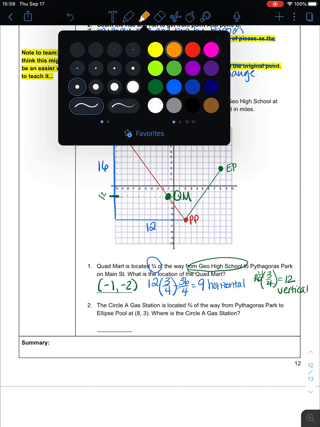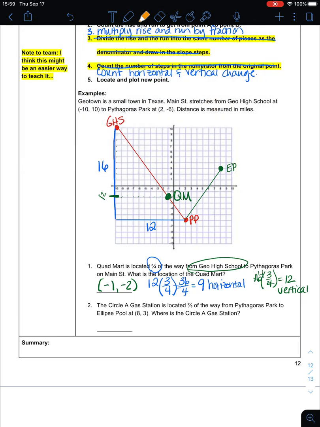Again, let's break up our horizontal and our vertical pieces because it's at a diagonal and I can't count it. So here's my vertical, here's my horizontal, basically my rise and my run. I count them, 1, 2, 3, 4, 5, 6, that's 6. 1, 2, 3, 4, 5, 6, 7, 8, 9. So it's 9 vertically.